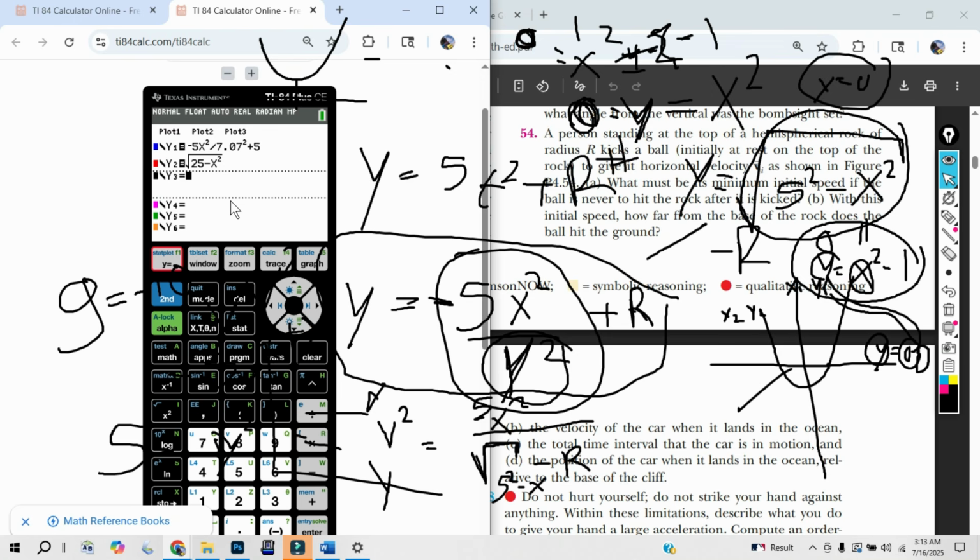So let's clear this out, and we're going to do this equation. Do you think I can copy? I don't think you can copy, bummer. Anyway, so we got negative 5x squared divided by 7.07 squared plus 5.